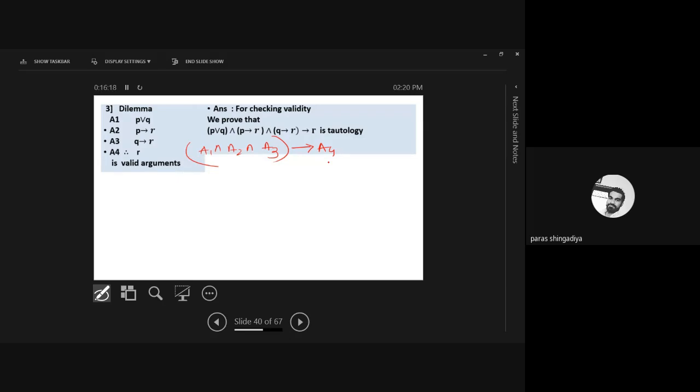So here it is A1 and A2 and A3, conditional to A4, which means R. So: P or Q, and P conditionally R, and Q conditionally R, conditionally R. If it is a tautology, then A1, A2, A3, A4 form a valid argument.